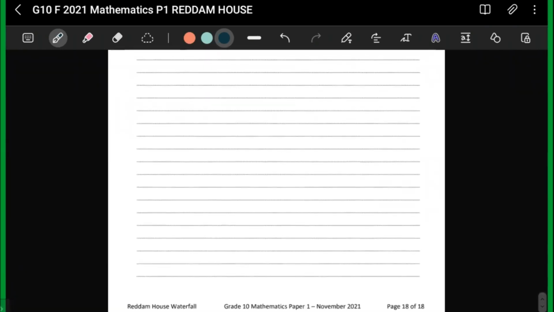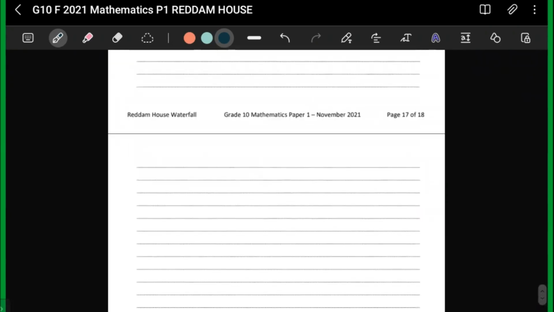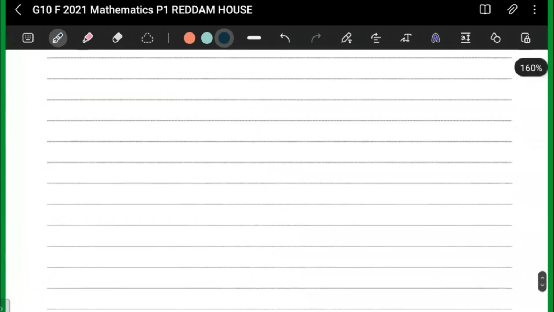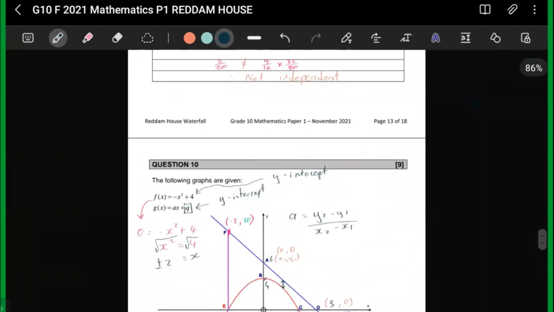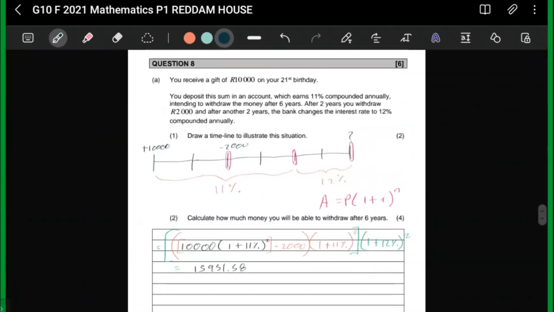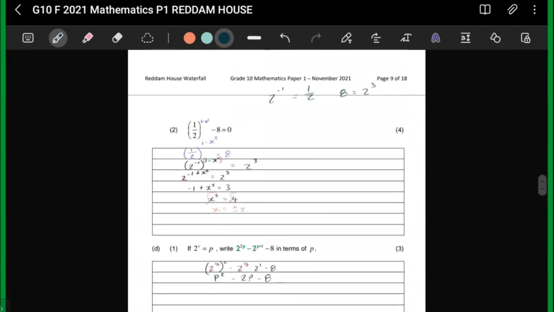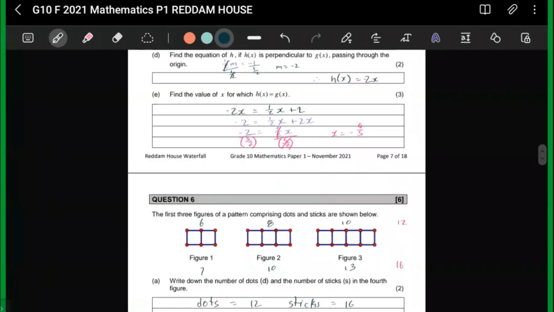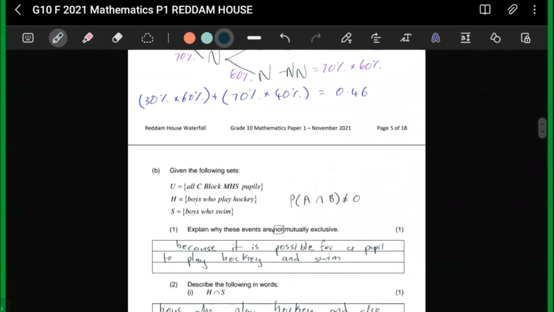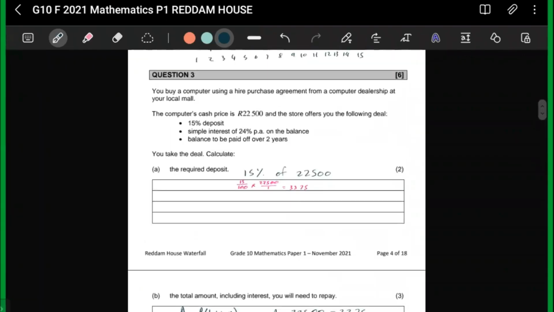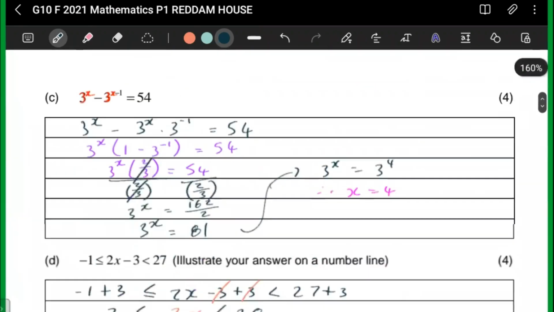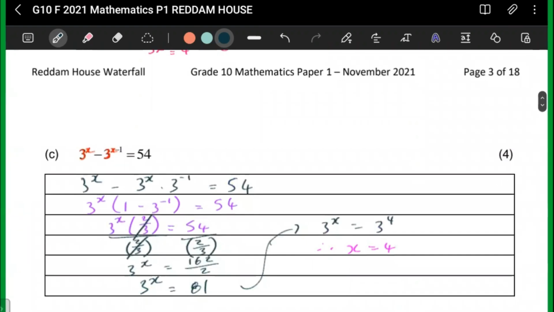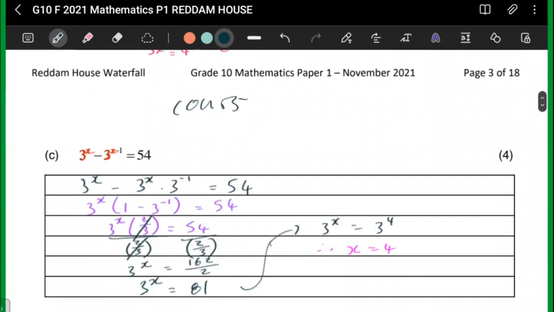So the big idea, as you can see with this paper and why I went through it, is I wanted to give you a wake-up call to say, don't leave your basics behind. Don't take it for granted that this is a grade 10 paper. Don't take it for granted that if you're in grade 12 and some of these questions were difficult, it means you really do need to do what you can to do better. So that's why I always recommend the online courses on our website, because they're going to help you patch some of these gaps.